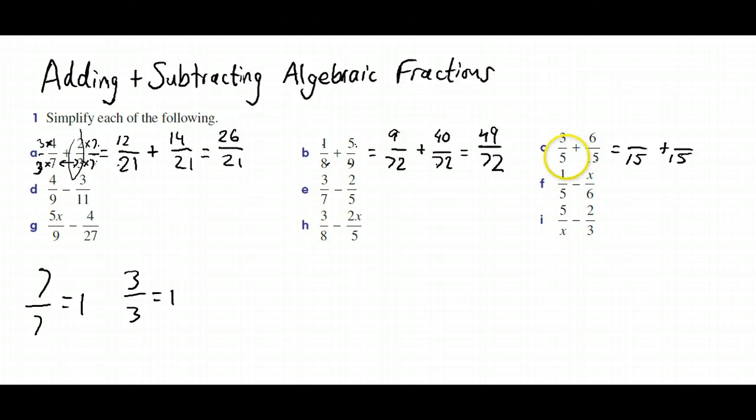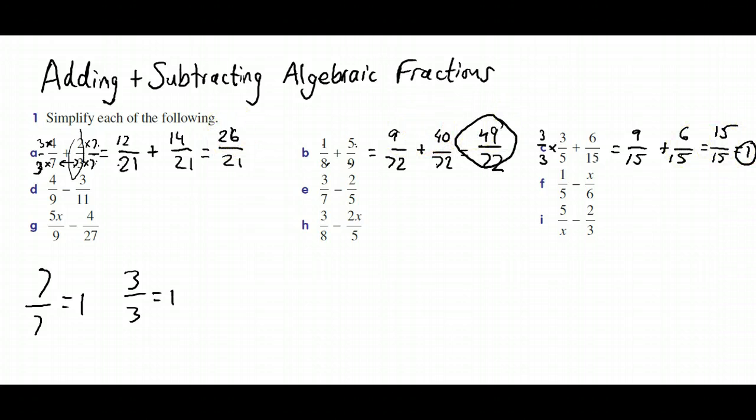And in order to get 5 to become 15, we've got to multiply it by 3. If we're going to do that to the bottom, we've got to do it to the top as well. So it's got to be 3 over 3. 3 times 3 equals 9. And for this one, we didn't have to change that, so that remains 6. So 9 plus 6 is 15 over 15, which equals 1.